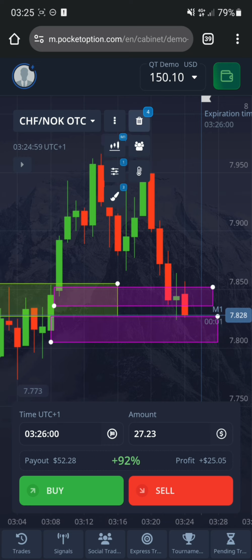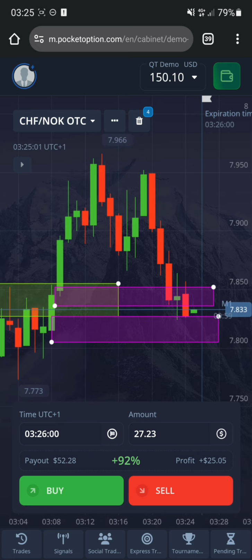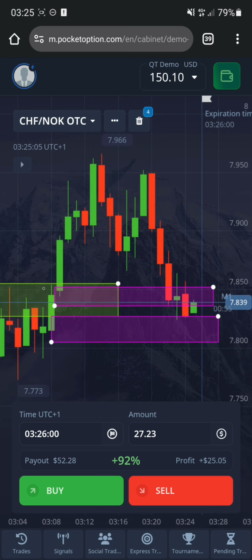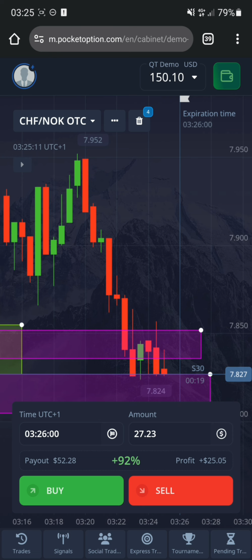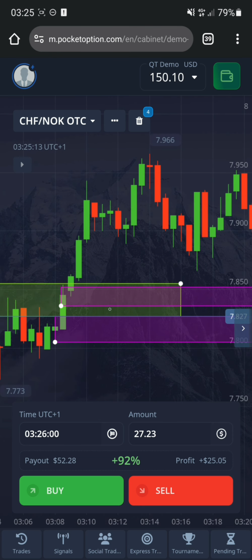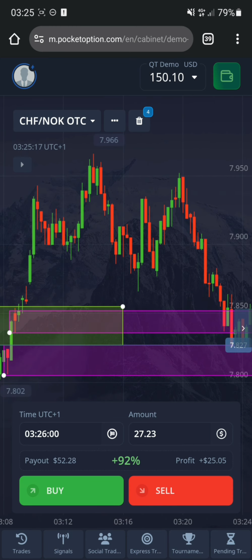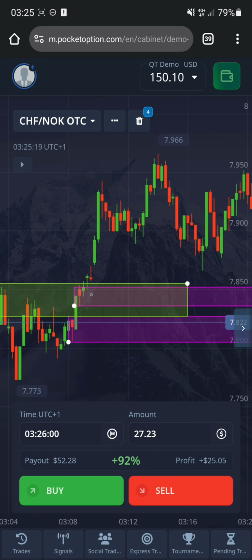So the first thing we did was to go to the lower time frames to check where the decision point is, and I was able to find one down here. Let me go back quickly. Let me show you. We couldn't find the next 30, but you can see S15. There's one here and there's one down here.